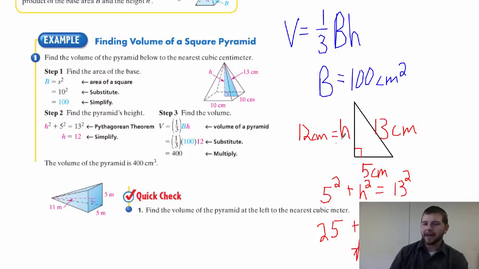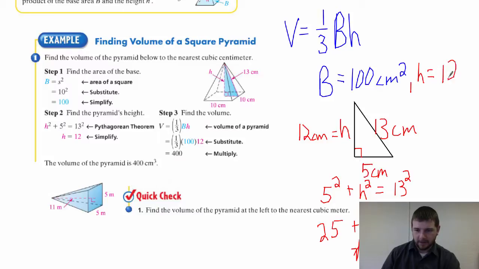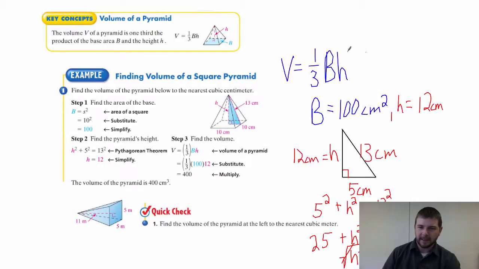All right, so now we know our height h. We can add that up above along with our capital B, our base area. So h equals 12 centimeters.